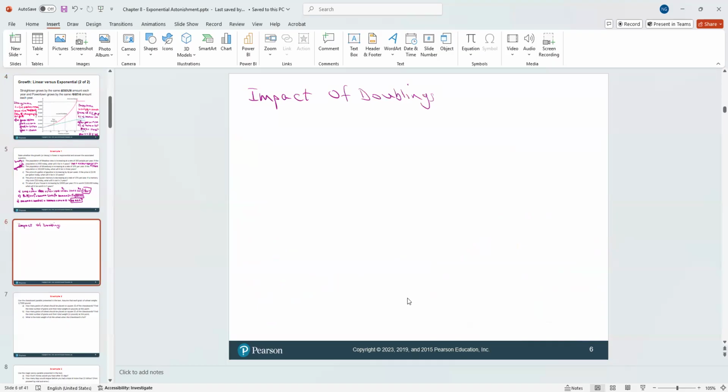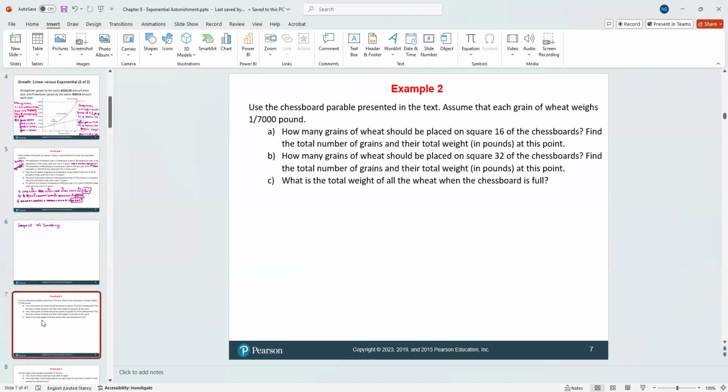As we said, we have plenty of parables, but the example we want to cover here is the chessboard parable.